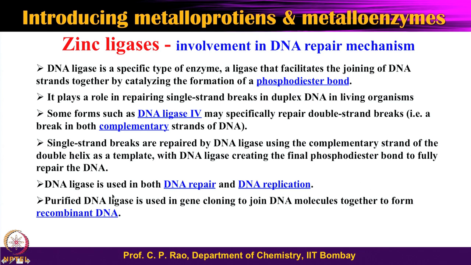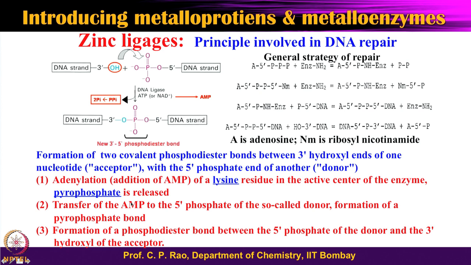One other system which is used in DNA binding I will show you later on, but right now let us look at the zinc fingers, which I will show you in a while. So, the purified DNA ligase is used in gene cloning to join DNA molecules together to form a recombinant DNA also. So, it is absolutely involved in it.